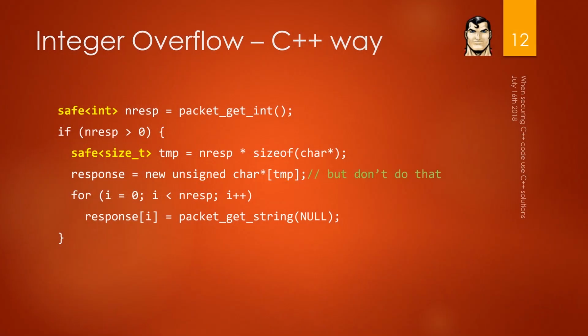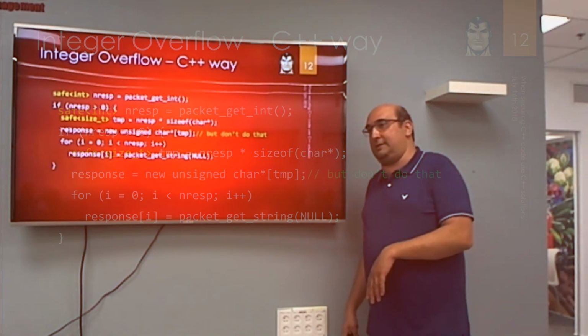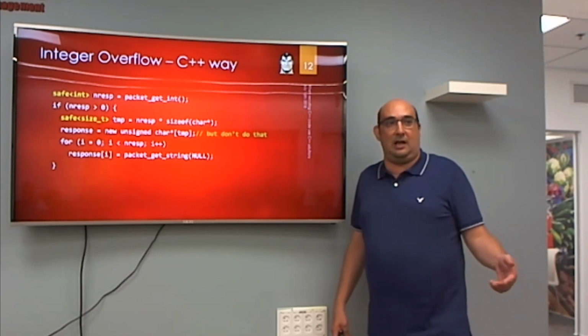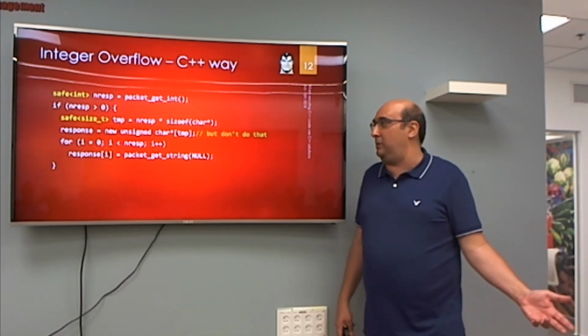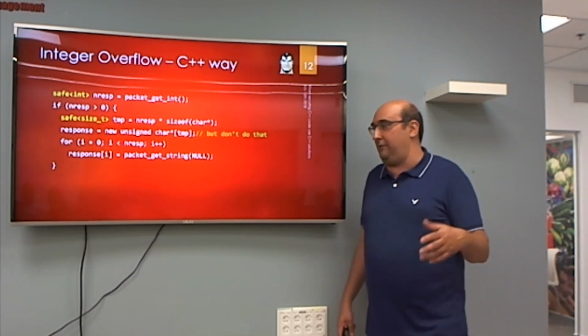In C++, again, we have a library. Unfortunately, it's not standardized yet. I think it is in the process of acceptance to C++20, but there are stable implementations, both in Boost and a standalone header-only implementation of safe integer. It does the overflow checks for you, and of course you can set up a policy to decide how it will behave if an overflow occurs: throw, terminate, nothing, the usual stuff.